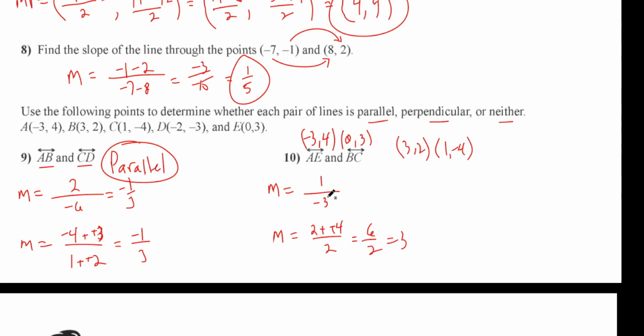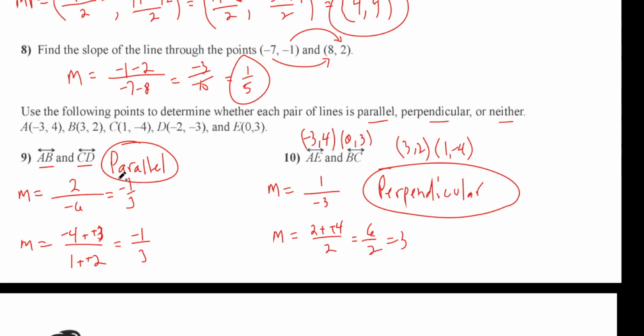I got negative 1/3 and I got positive 3. What does that tell me about those two lines? They are perpendicular. Because they're negative reciprocals, correct. And there you go. That's your answer right there. If all you do is just write parallel and perpendicular, I'm marking it wrong, because you didn't show.